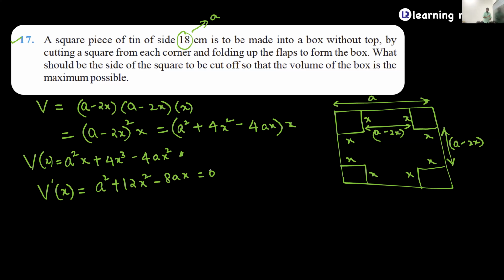What is 18 square? 3, 2, 4. So this is 324 plus 12x square minus 8 into 18, that is 144x, equal to 0.